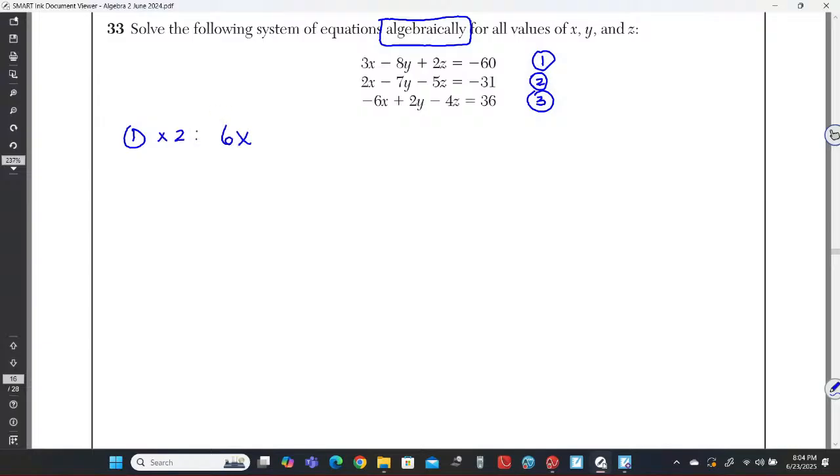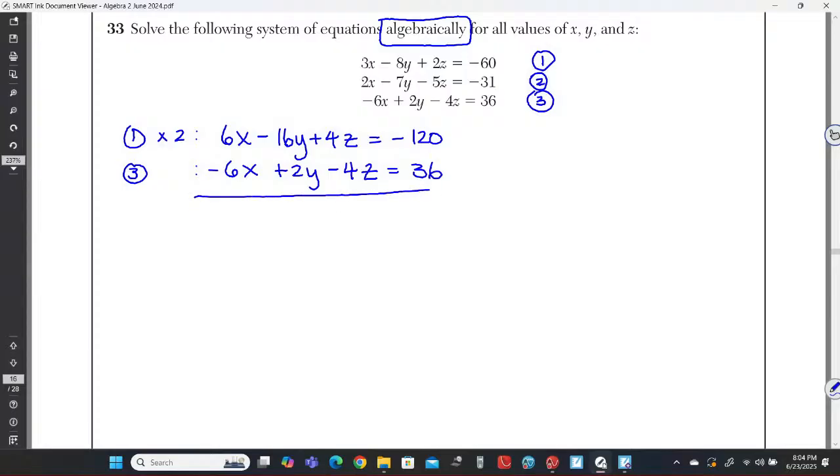That's going to give me 6x minus 16y plus 4z is equal to negative 120. Don't forget to multiply both sides. And then I'm just going to write equation 3 right underneath it. That's going to be negative 6x plus 2y minus 4z is equal to 36.